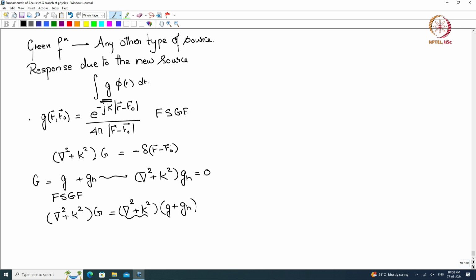Now, this operating on this gives me a minus delta function, and this operating on this gives me a 0. So, there is now a new function g which satisfies this delta on the right side. So, g becomes a new Green function.